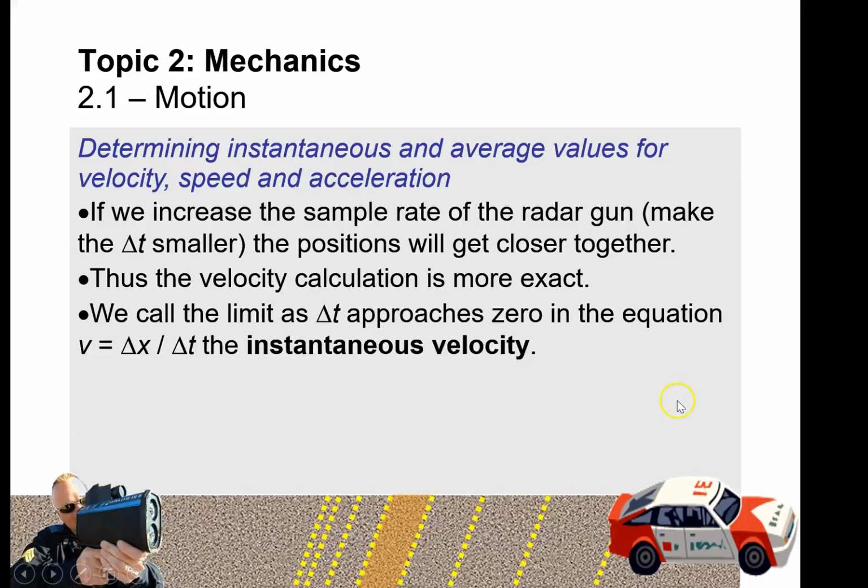And if we increase even further the sample rate of my radar gun, that average velocity is going to get closer and closer to the instantaneous velocity, until a point where this interval is almost zero, the velocity of the car does not really change that much on that interval, and then we're going to call that the instantaneous velocity of the car at that point.